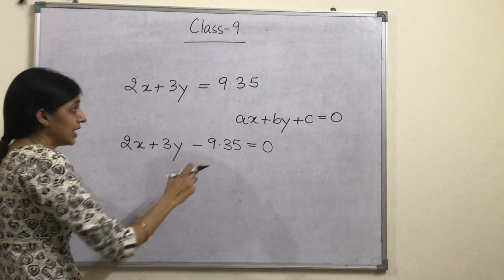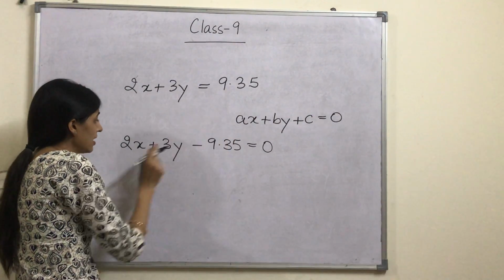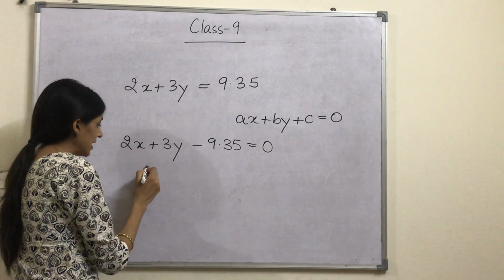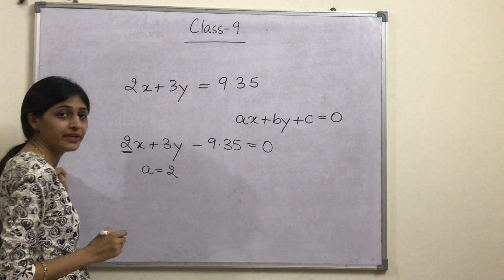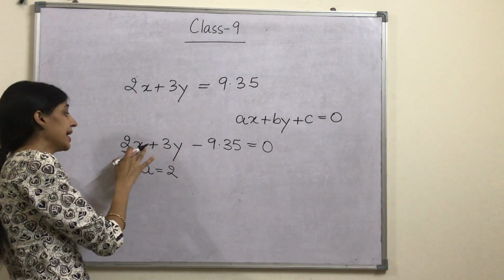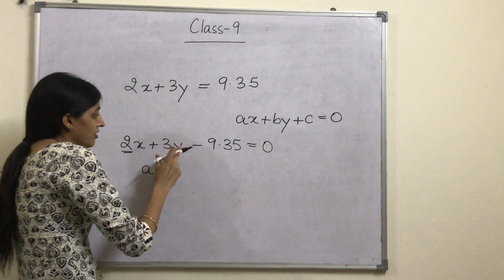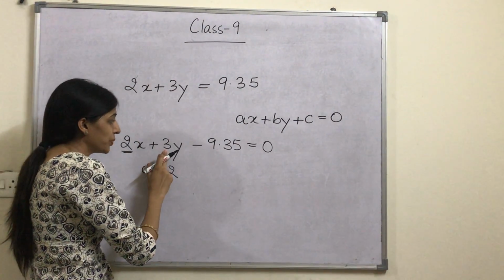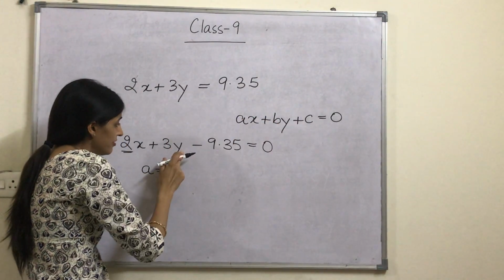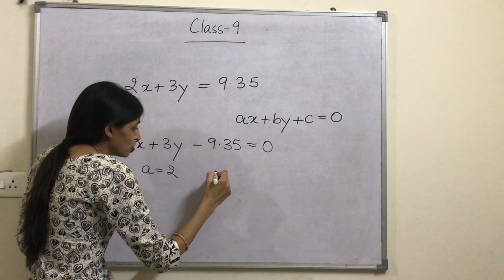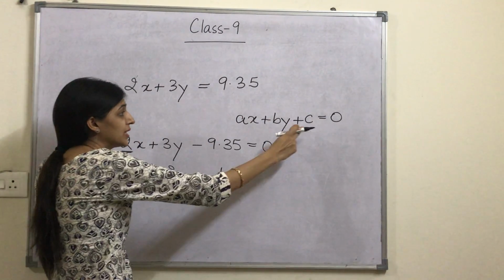Now look carefully. The coefficient of x is a. That means a is 2. Whatever is attached with x is the coefficient of x. Whatever is attached with y is the coefficient of y and that is b. So b equals 3. And what is c?